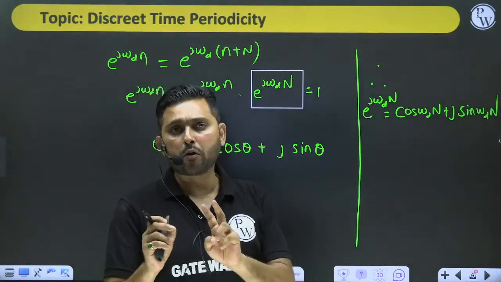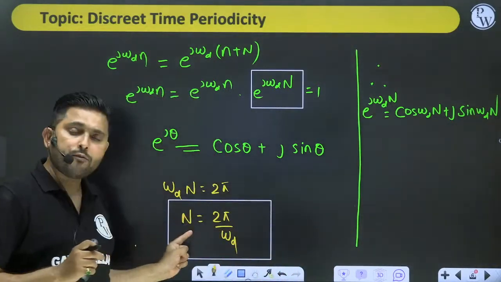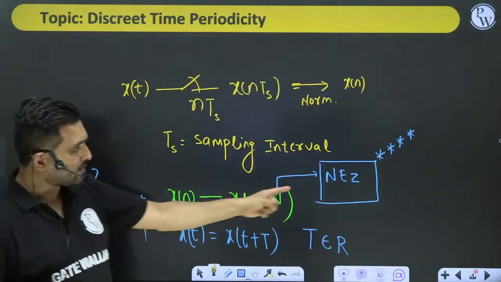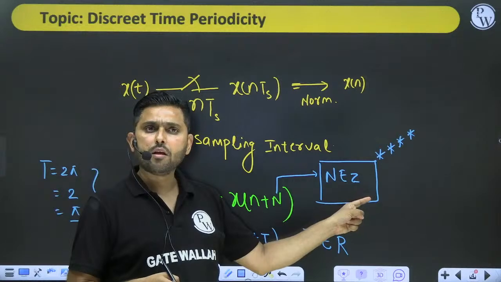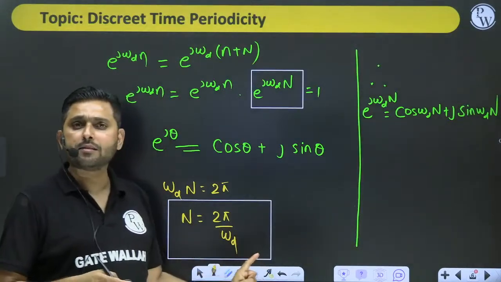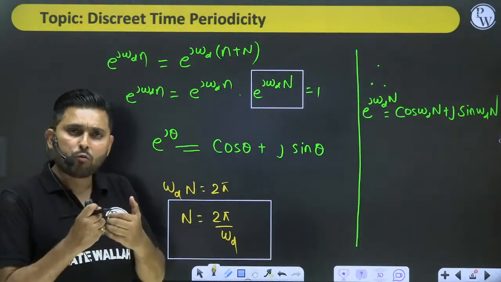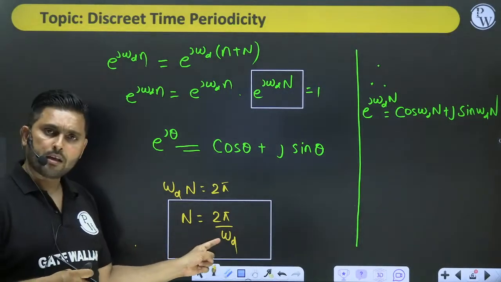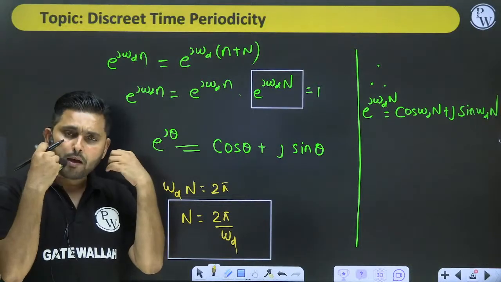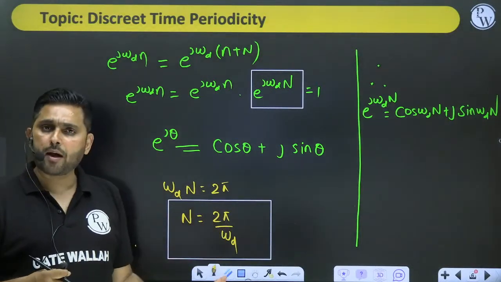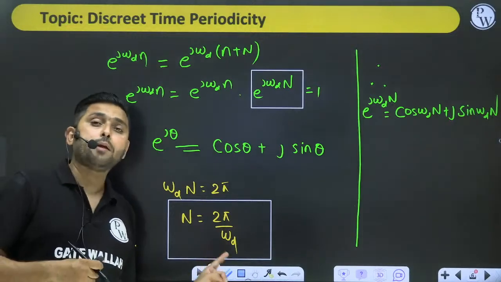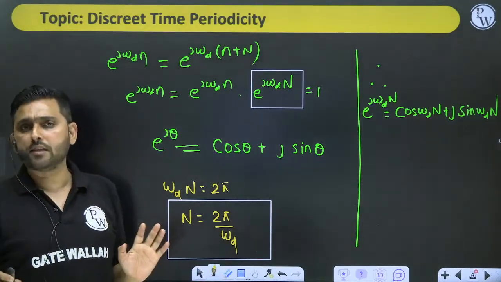You understand my point or not? I want this N to be an integer. This is the condition: N belongs to the integers. Now if you want N to be an integer, first you have to cancel this pi. Assume that by some means I cancel the pi, but what is the guarantee that it is not in p by q form, and is a general integer?